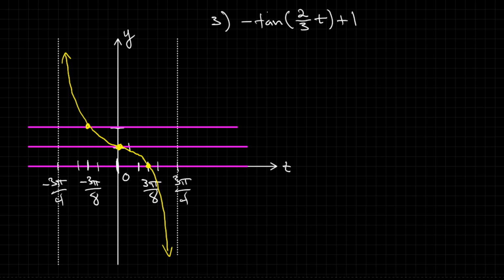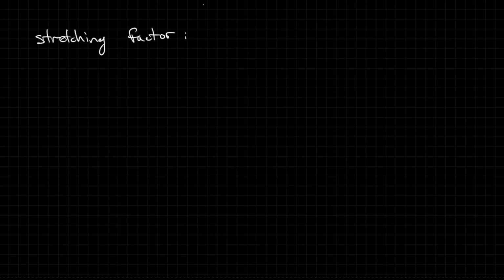In the case of tangent of t and cotangent of t as well, we don't use the terminology amplitude. That's reserved for sine of t and cosine of t. Instead, we'll call this the stretching factor. And it's simply, again, whatever is the vertical stretch, and don't include any negatives. So in this case, the stretching factor is just 1.